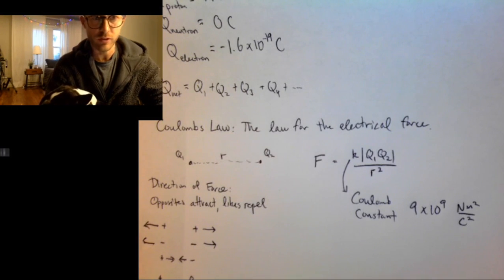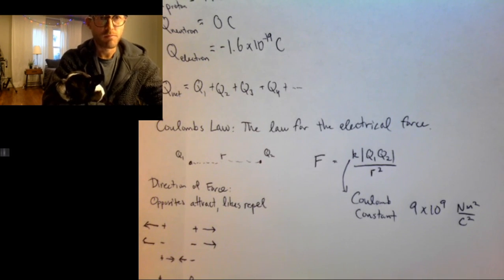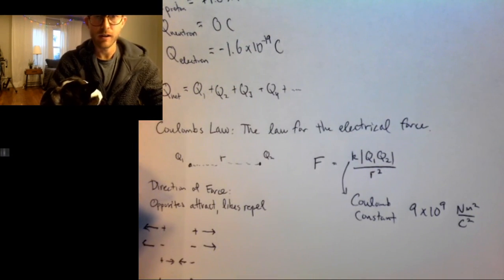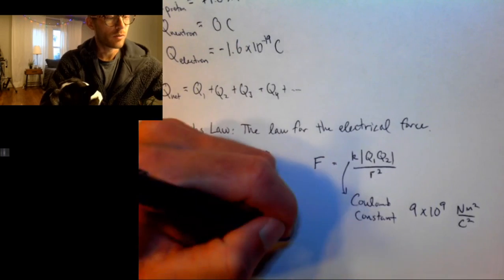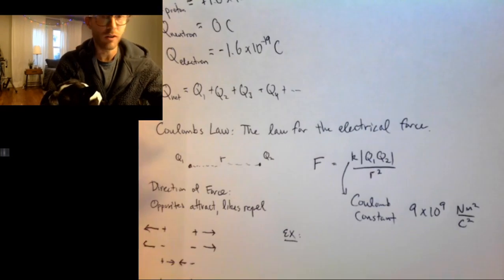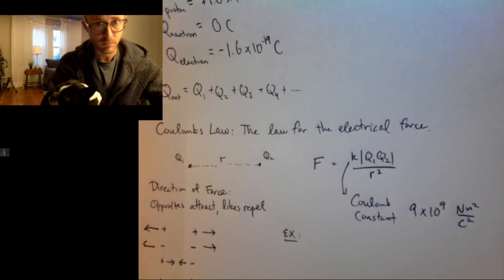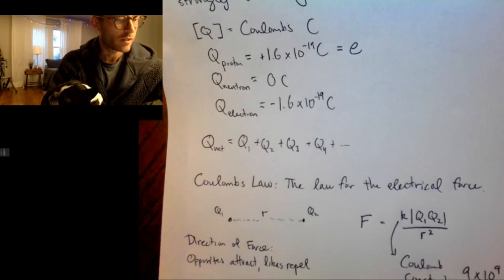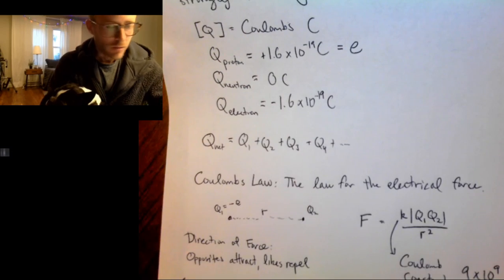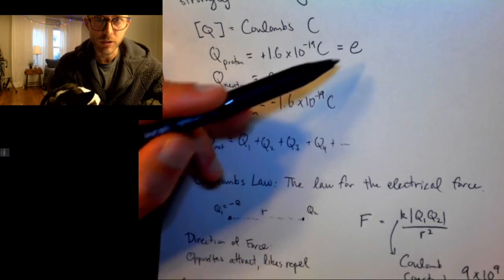So let's just do a little example just to see how this equation works. So let's suppose we had 2 electrons. Okay, so if these are two electrons, then Q1 is going to be minus E. Recall that E is the charge of a proton.